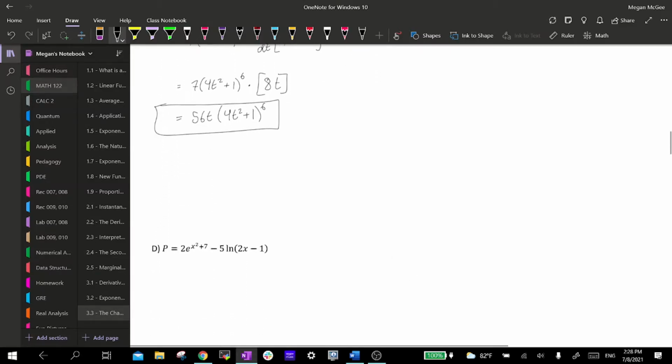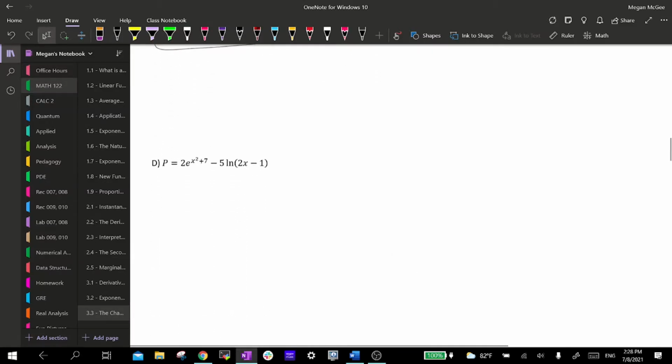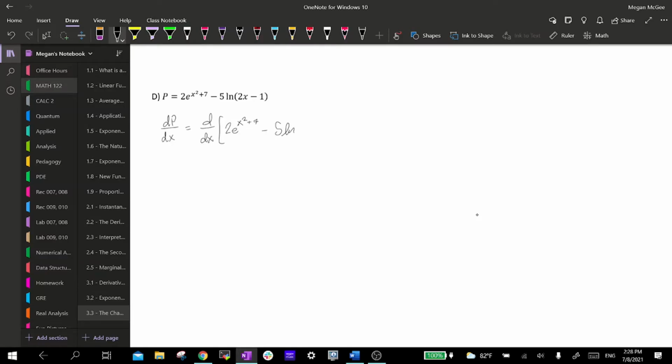Next, we're going to look at part D, and this is a lot of pieces to it. So we're going to break this down as much as possible so that it's easier to chew. So we want dp/dx, which is the derivative with respect to x of everything on the right-hand side: 2e^(x squared plus 7) minus 5 natural log of (2x minus 1).